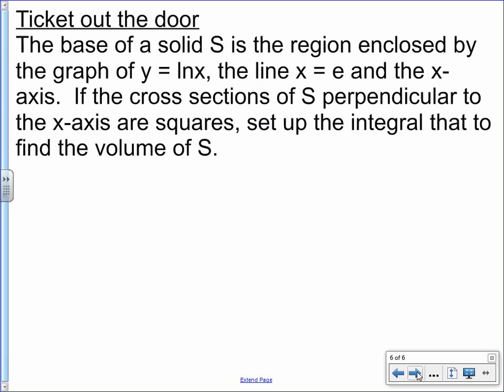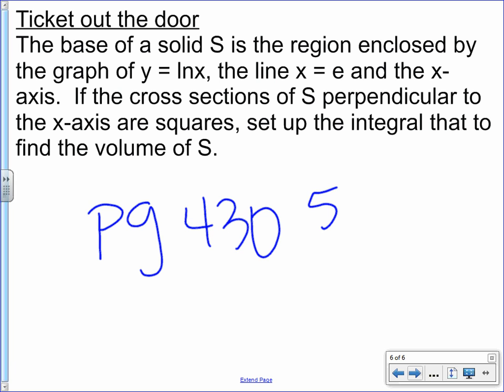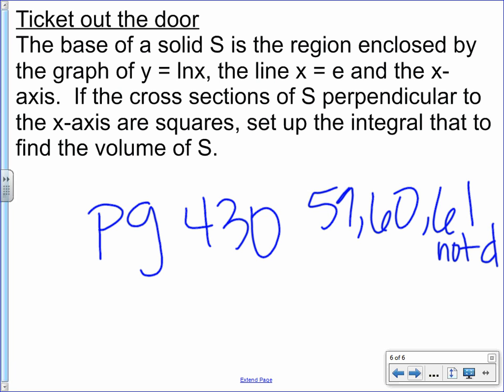What I want you to do is complete this problem, and hand it in to me as you leave. Your homework assignment, I will write up here for you. And this ticket out the door is what you're gonna work on until you leave.